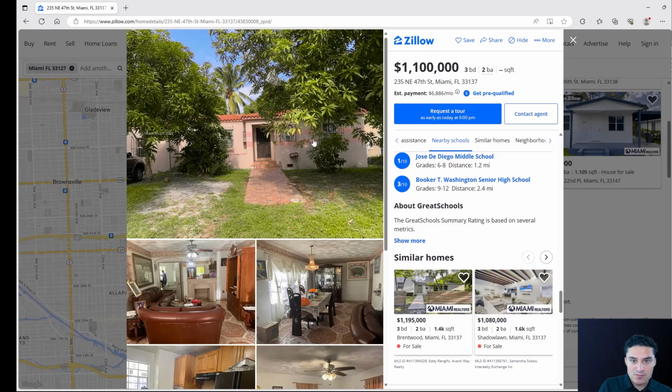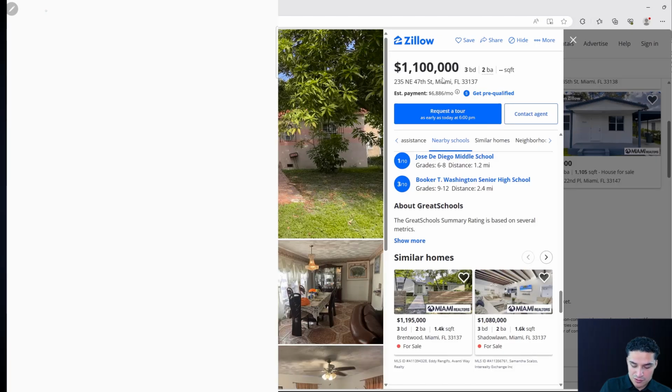So the maximum price that we can sell this property for is probably going to be $1 million, because this property fully renovated, they're asking $1,080,000. So we're just going to assume that we can sell this property for $1 million. So ARV, $1 million. Now it's a 3x2, and we say it has 1,600 square feet.